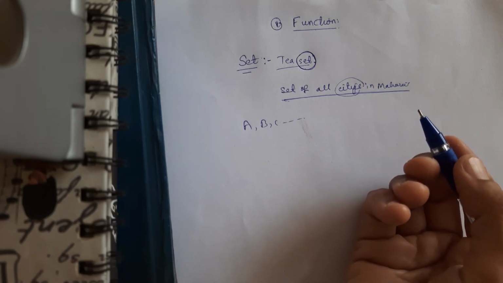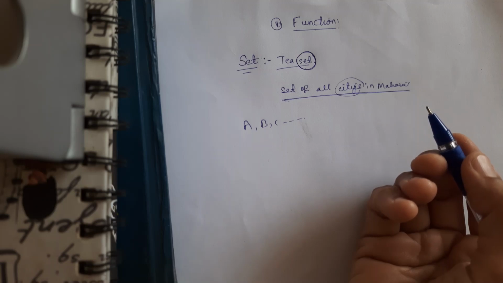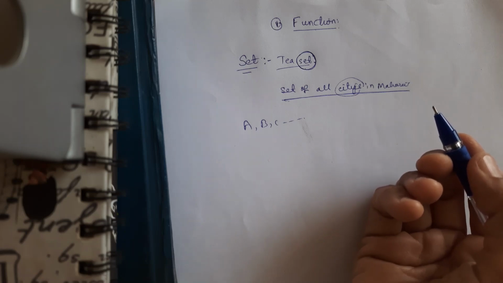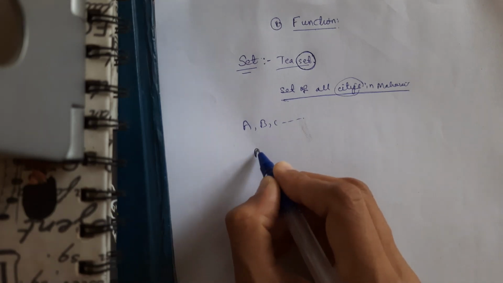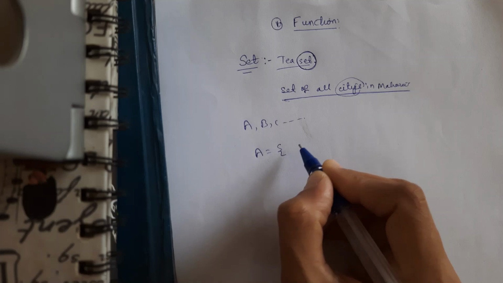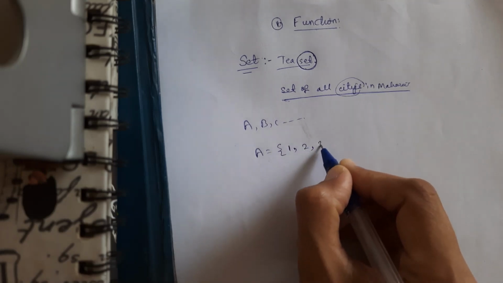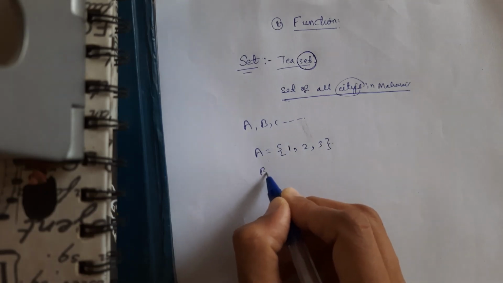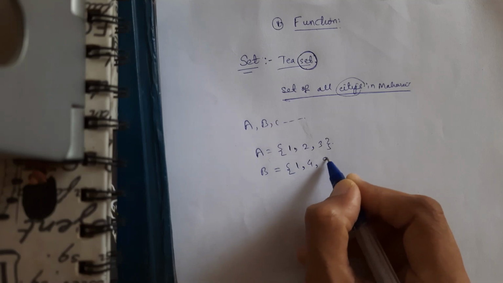A relation R from a non-empty set A to a non-empty set B is a subset of A cross B, driven by a relationship between the first element and the second element of the ordered pair. For example, suppose A is a set of numbers 1, 2, 3, and B is a set of numbers 1, 4, 9.